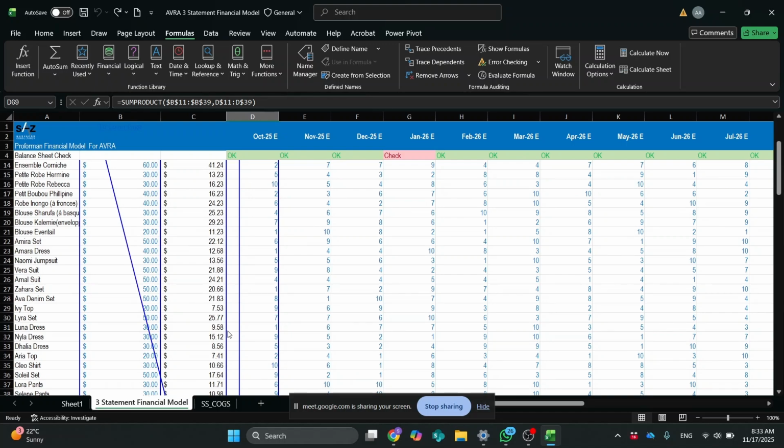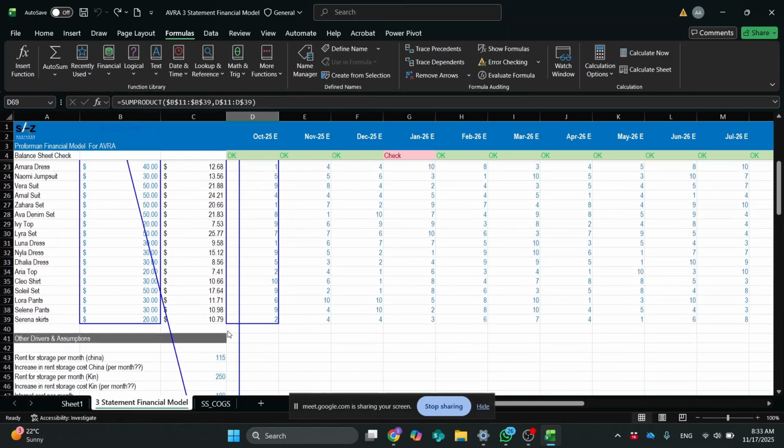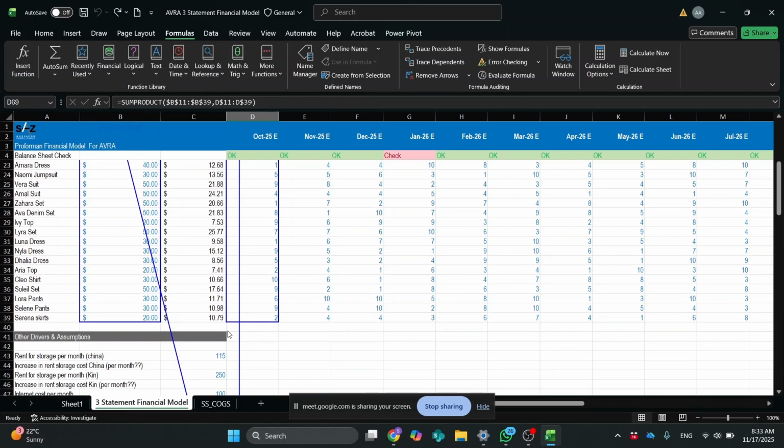And the marketplace, for instance, does not need to pay rent, or if it pays rent, it will only be a portion of it. So the Avra rent will decrease because it will be located in the same place.